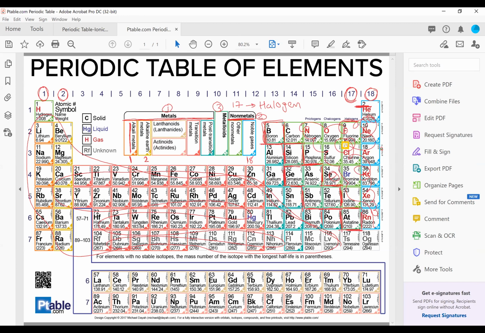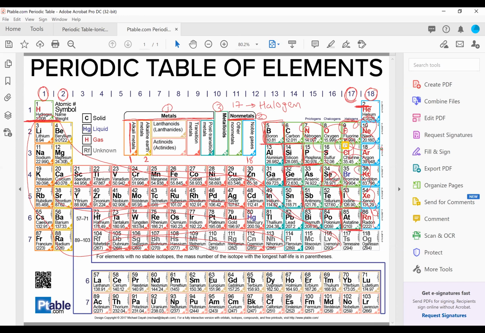Okay. However, there is one exception, and the exception is hydrogen, the first element. Even though it is present on the left side of the periodic table, it is a non-metal. So this is the only exception.